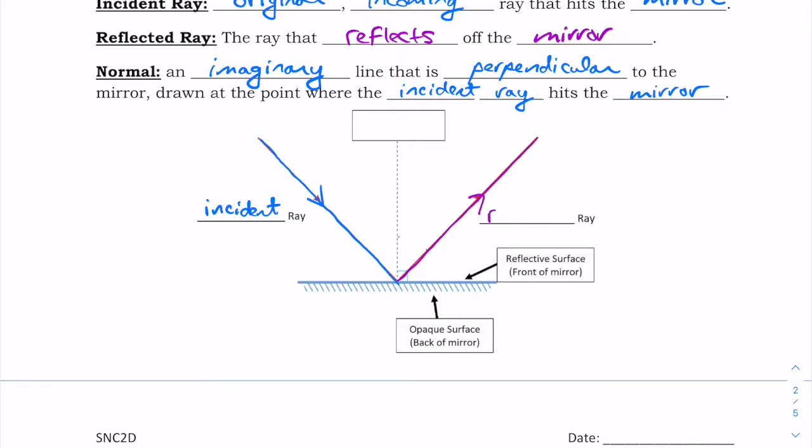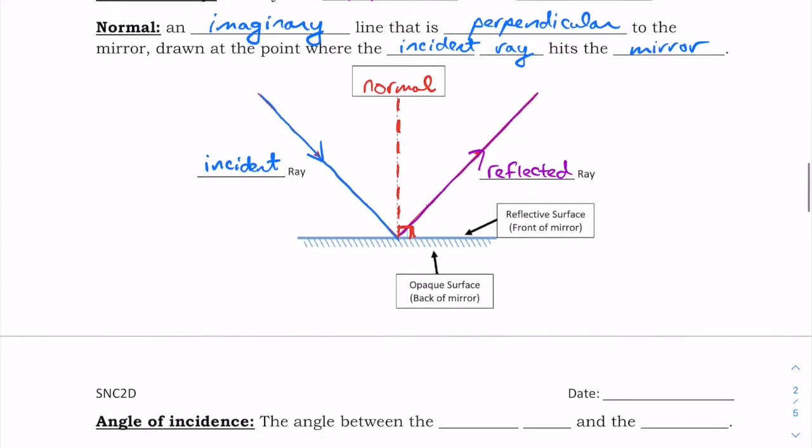So that's our reflected ray on the right. And the dotted line, which I'll just draw over in red, is our normal. Okay, the normal is perpendicular to the surface of the mirror, indicated by the 90-degree angle below. All right, and hopefully that defined all of these new terms. Let's carry on.